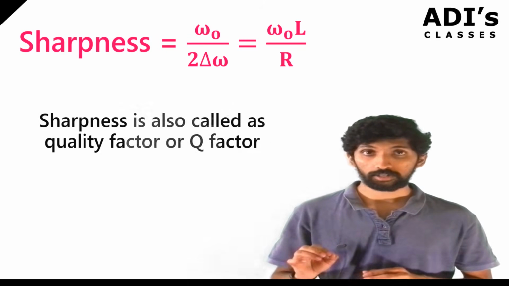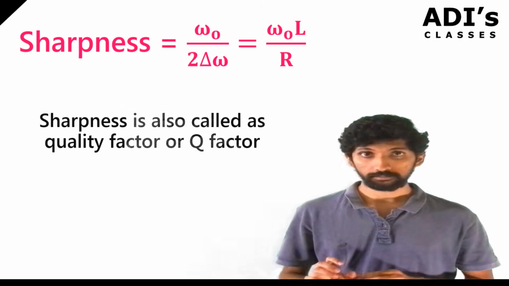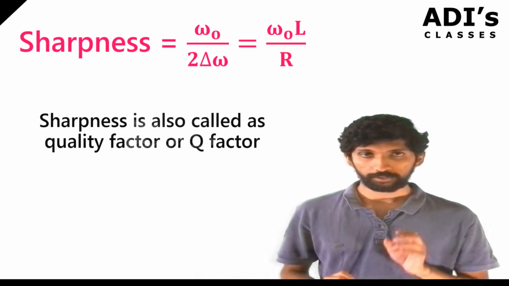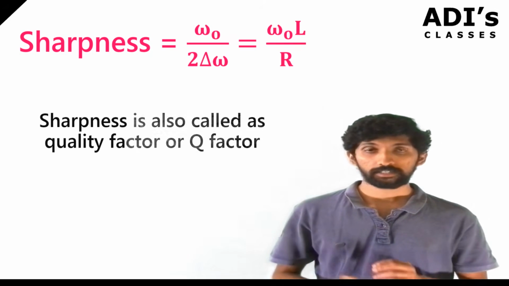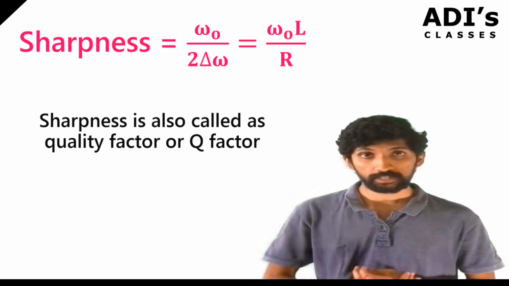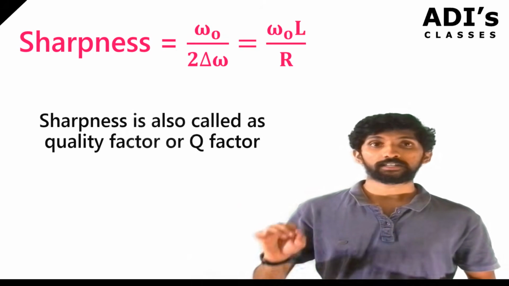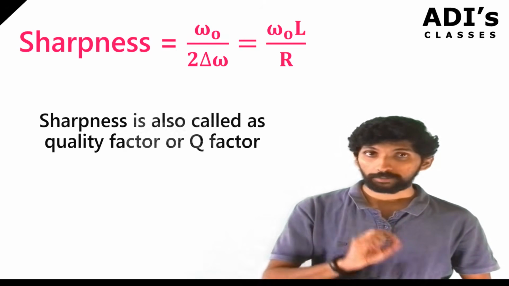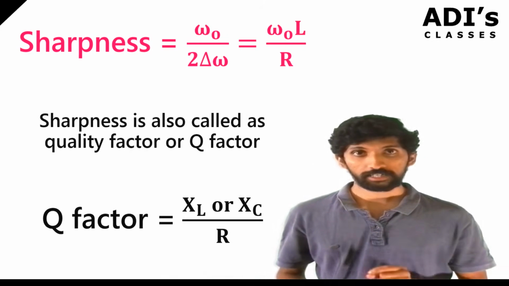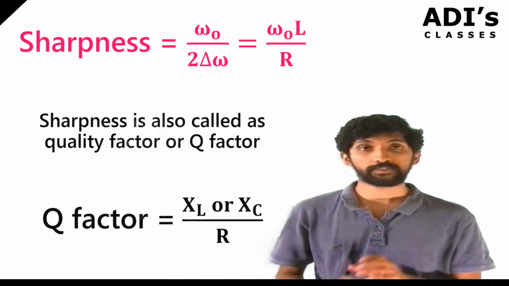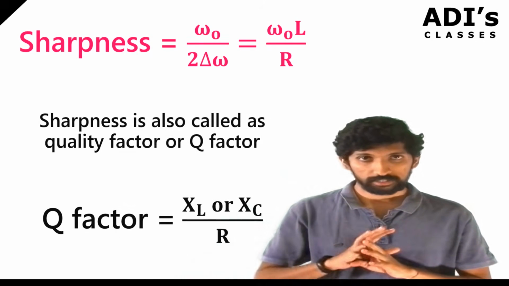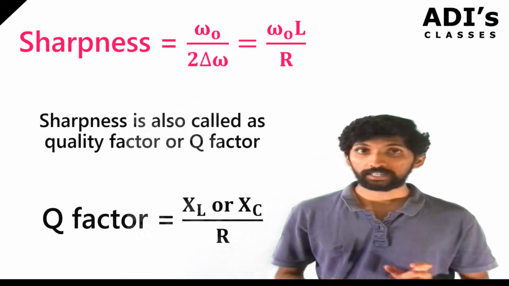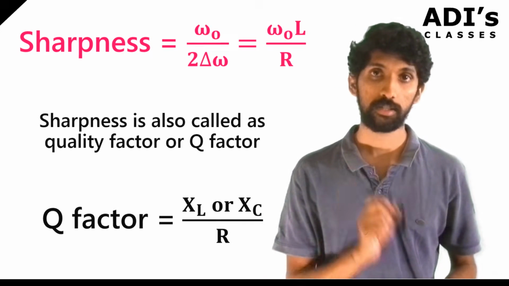So this is called the quality factor. The quality factor can also be represented as the inductive reactance or capacitive reactance divided by the resistance of the LCR circuit. So this is the whole mathematical expression for the sharpness of the curve.